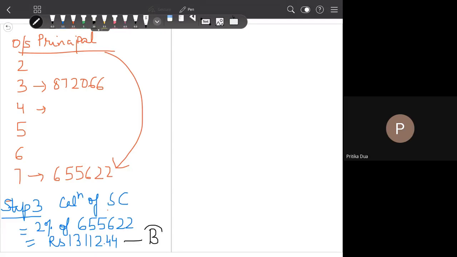Okay, so this switching cost is paid, and now the borrower moves to fixed rate of interest. Now what we need to do at this step is calculate the amount of yearly installment under fixed rate of interest. So for that, again the same formula is used.